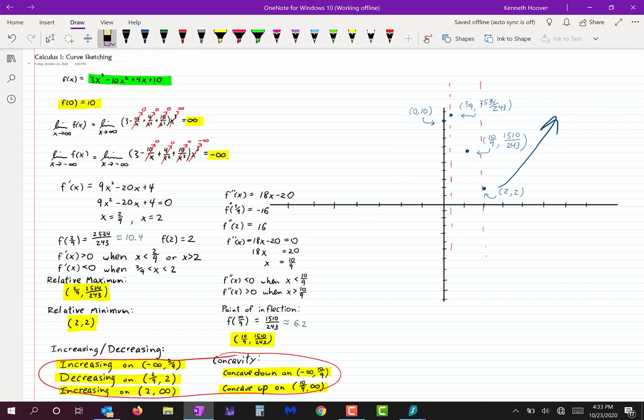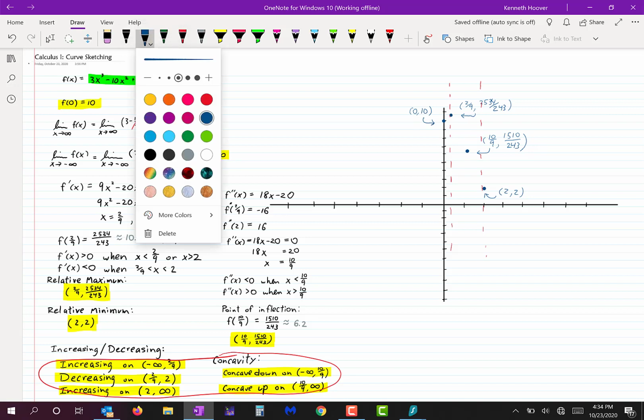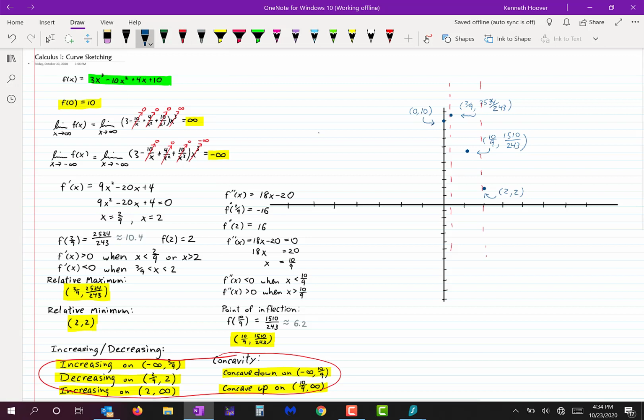Now, let's also put in the concavity. The concavity switches right here at the point of inflection. Okay, so let's put in this final picture here.